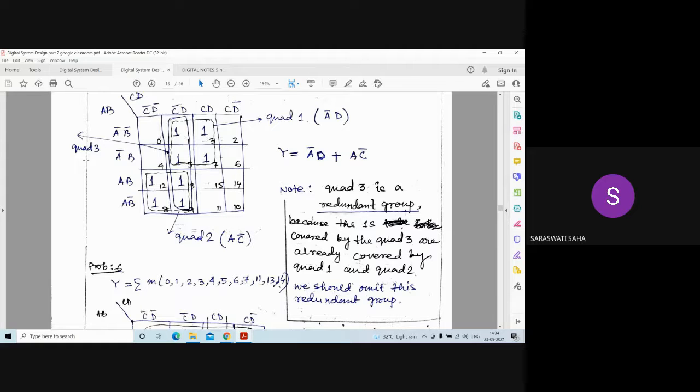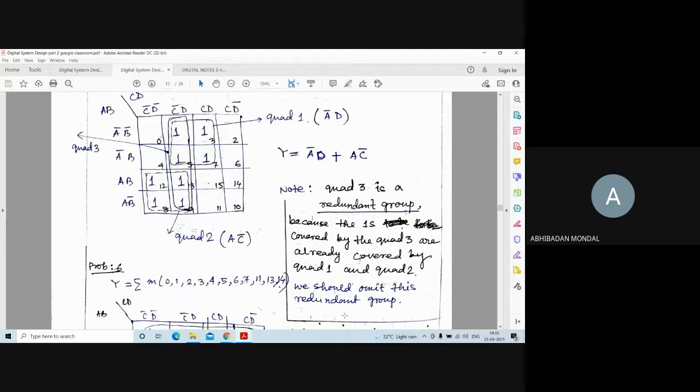Quad 3 is known as the redundant group, because the ones covered by quad 3 are already covered by quad 1 and quad 2. So we should omit this redundant group. Have you got this term, redundant group, and when it is called a redundant group?